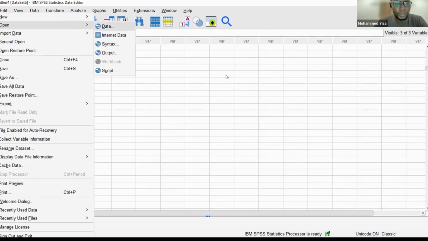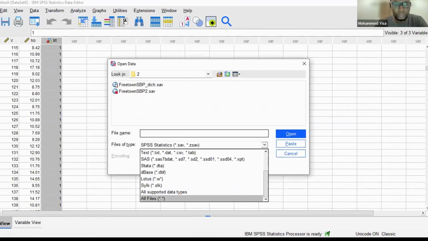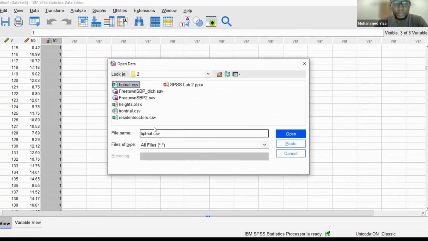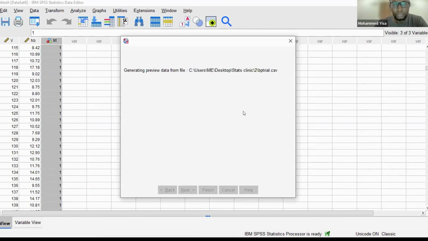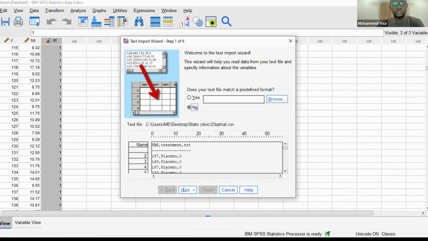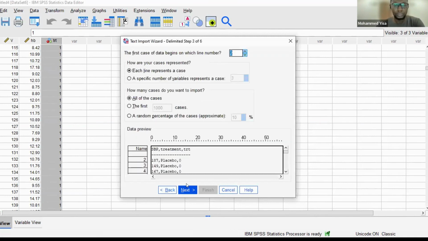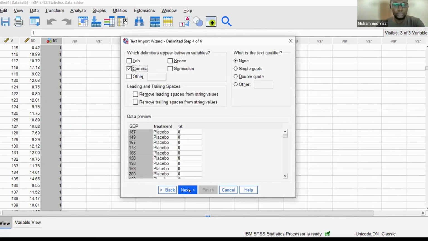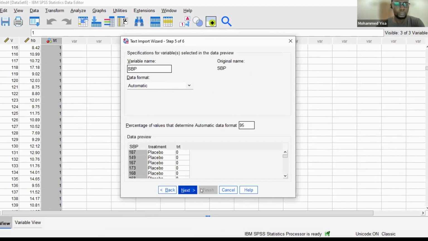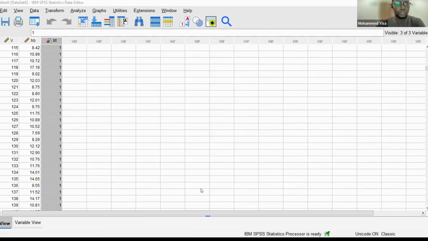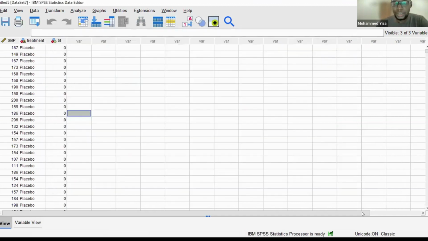So coming here, BP trial, open. Can we see the BP trial data set?